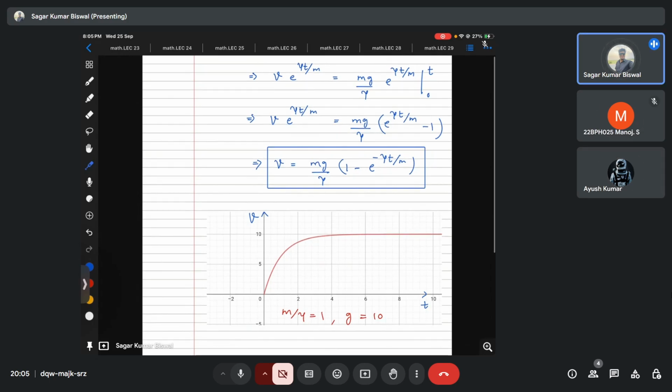So can you guess? Why this velocity is becoming constant after some time?